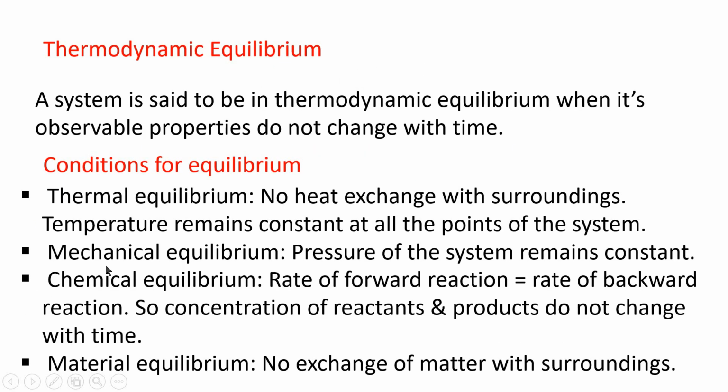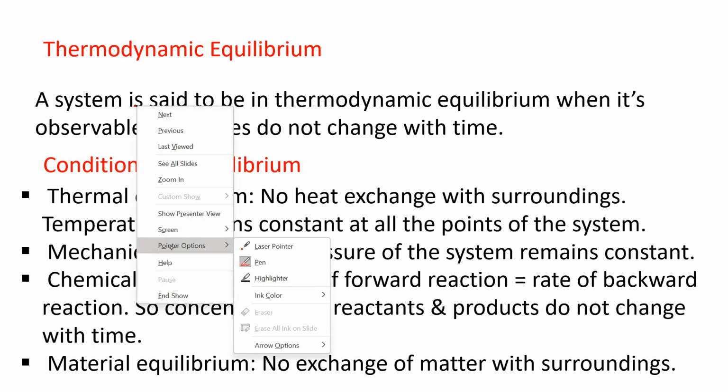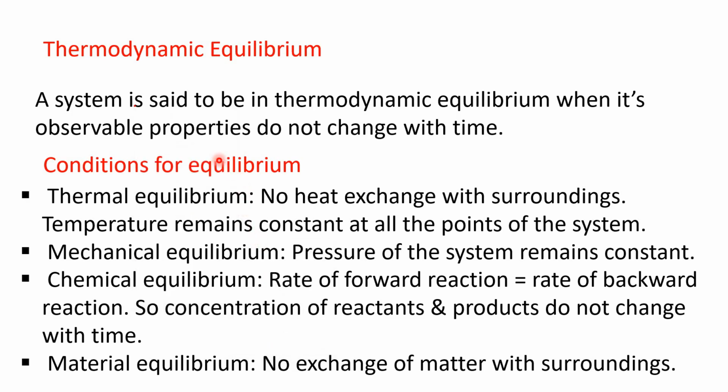Before going to the actual topic, let's discuss thermodynamic equilibrium. What do we understand about thermodynamic equilibrium? Any system is said to be in equilibrium when its observable properties, say temperature, pressure, etc., do not change with time.